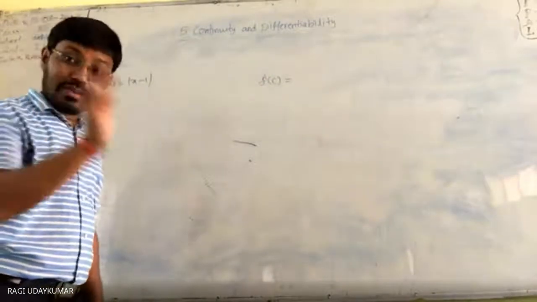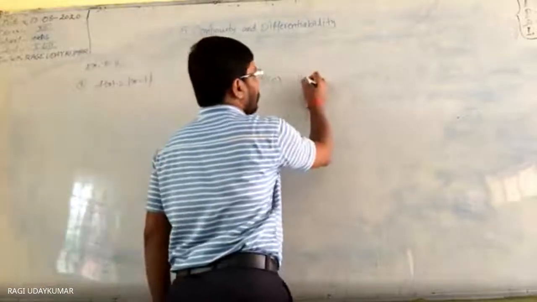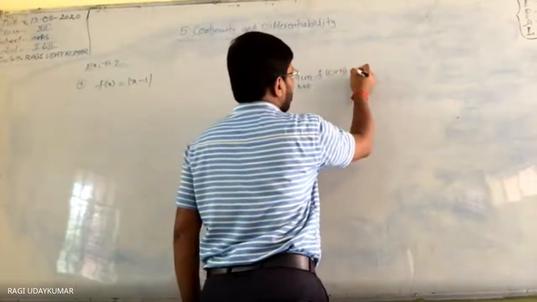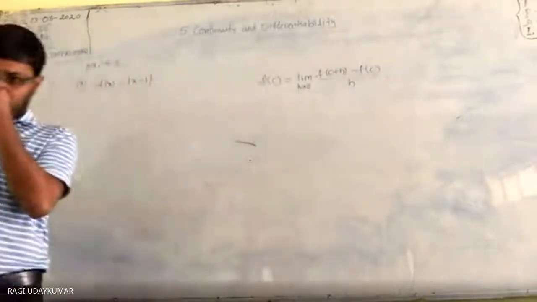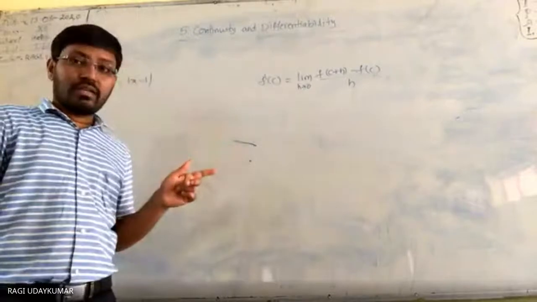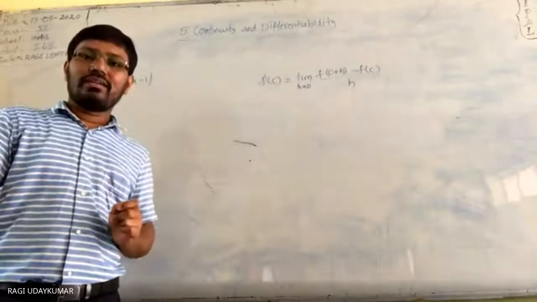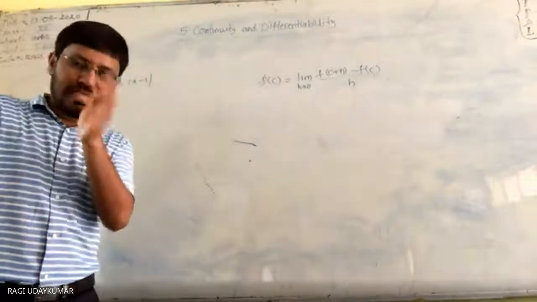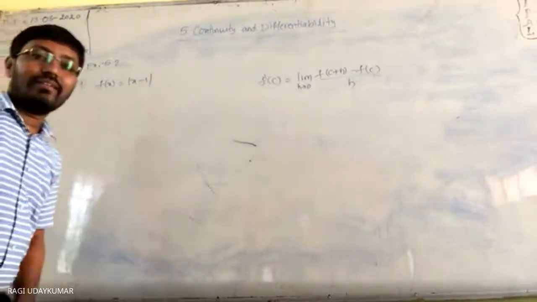How do you write it? At the starting of today's class I told you f dash of C is equal to limit h tends to 0 of f of C plus h minus f of C by h. If that limit exists, then you can say it is differentiable at a particular point C. Now this question says it is not differentiable at point 1.